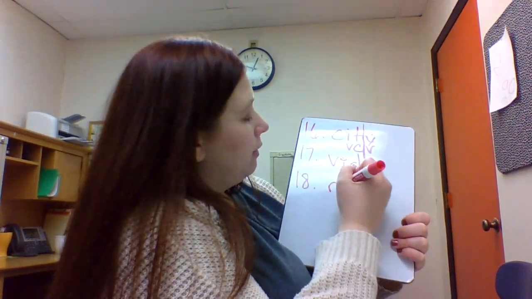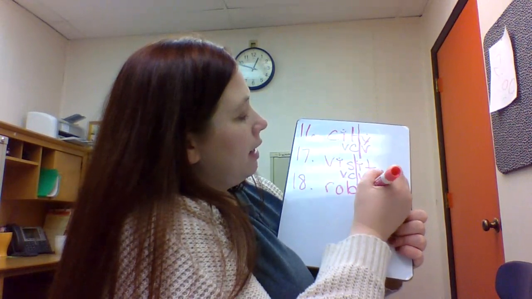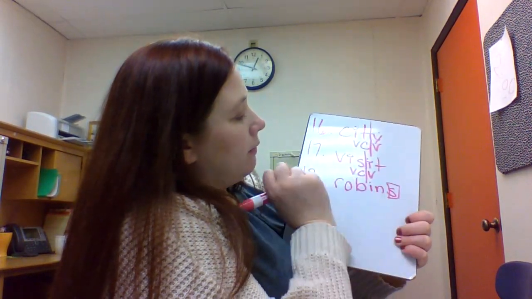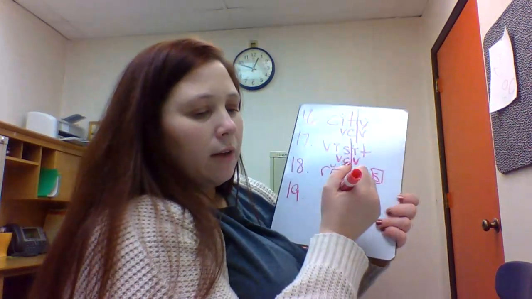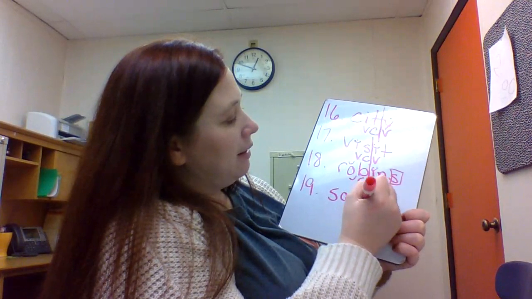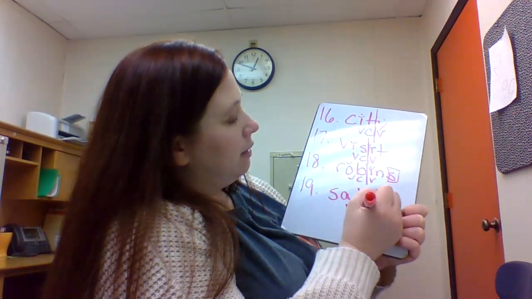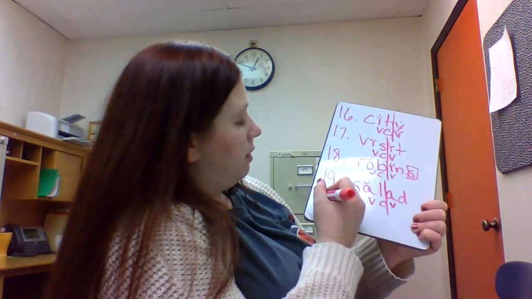Number 18 is robins, which we did this one, but they added an S, so we're going to box off that suffix. Draw our line here, a breve and a breve. And vowel, consonant, vowel. Number 19, these are hard to do because there's so much coding at the bottom. Number 19, salad. Again, it wouldn't be salad. It's salad. So vowel, consonant, vowel. We're going to draw our line here, and it gets a breve.